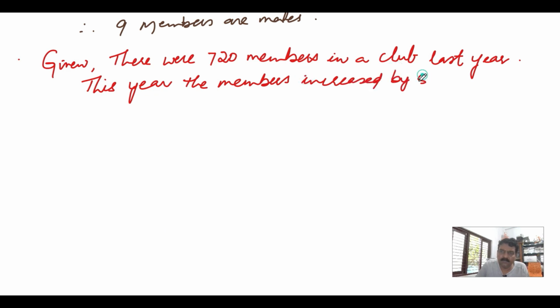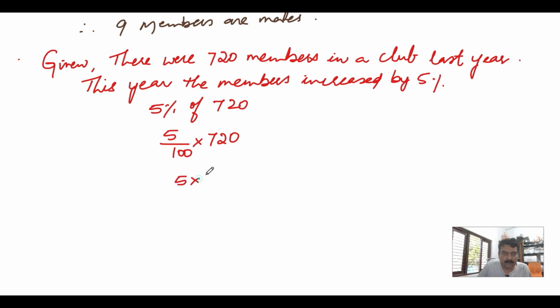It means whatever percent increased, that members and the previous members 720 are going to be this year's total members, right? So we'll first find out how many members this 5% means. That is 5% of 720, 5 by 100 into 720.